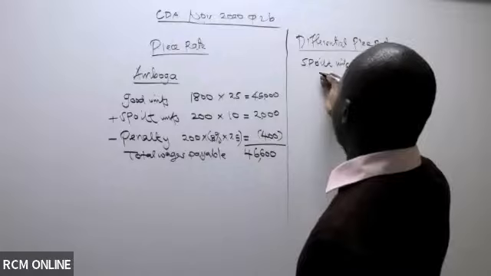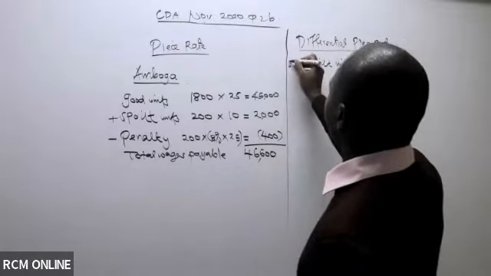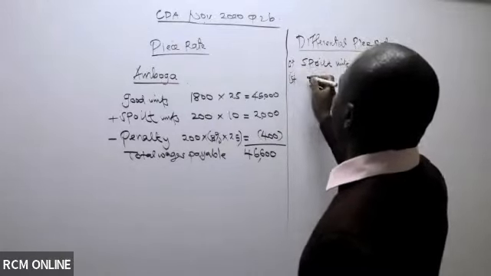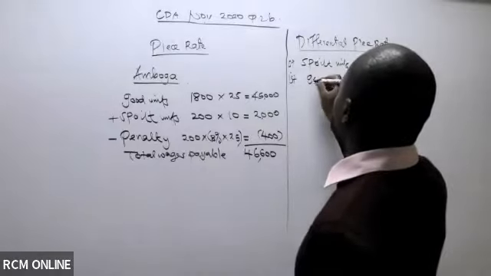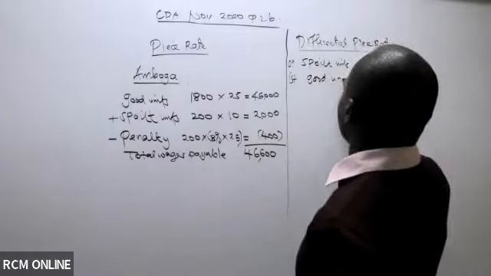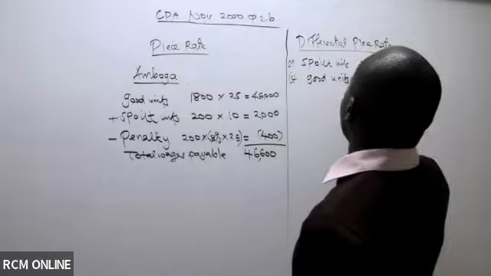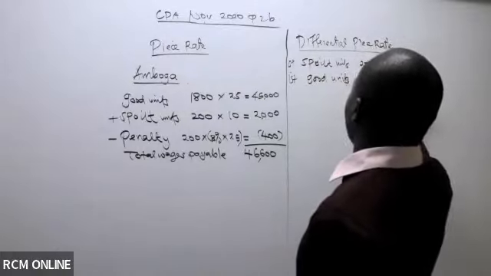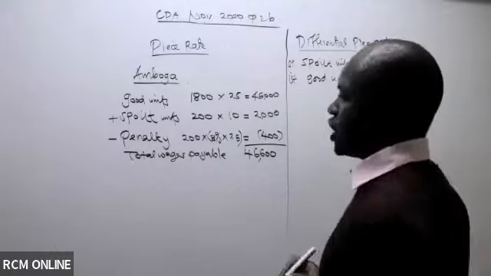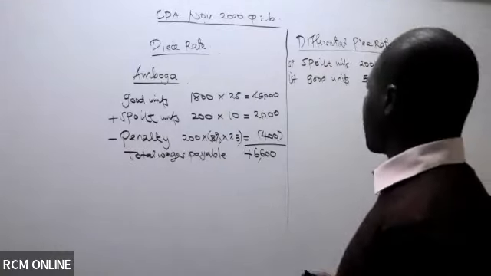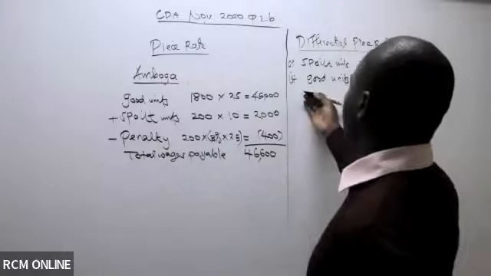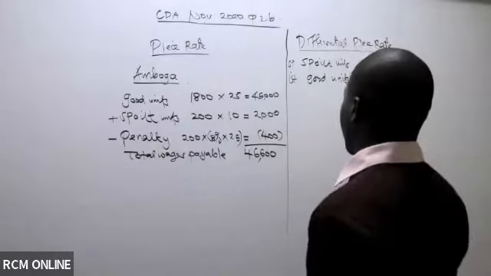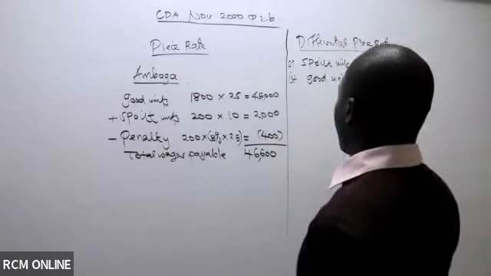Still the first scale, we are only remaining with good units. We are remaining with 50, to make it the first 250. So this 50 will be paid for at the rate of 15 shillings. But within the same scale, we can decide to bring in the penalty at the very last part.